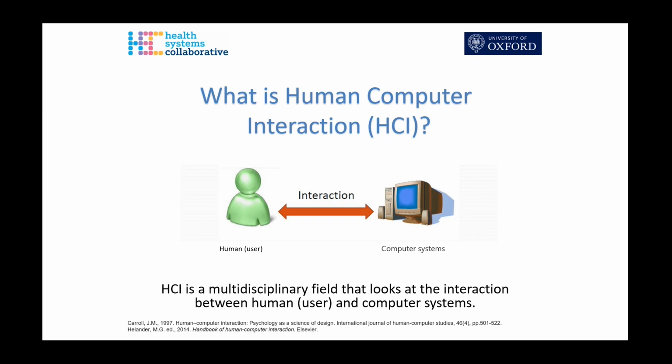Therefore, the human-computer discipline focuses on design, implementation, and evaluation of the human-computer interactive system, which makes it a very important discipline to develop functional systems that are usable, safe, and efficient for the end users.